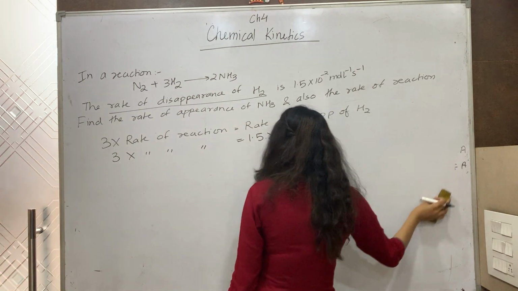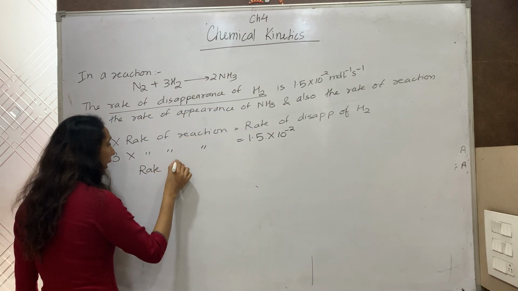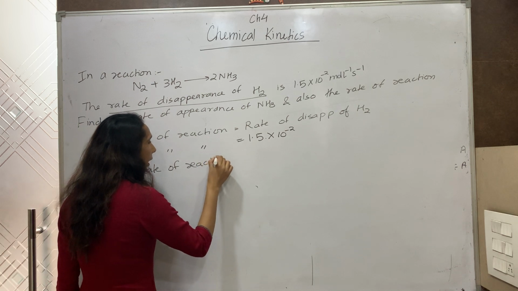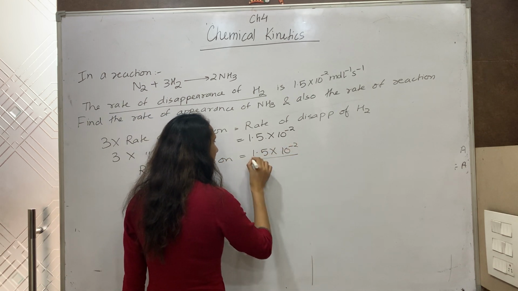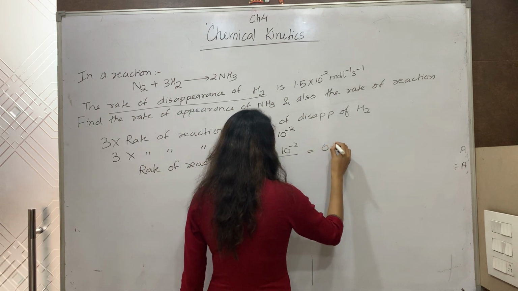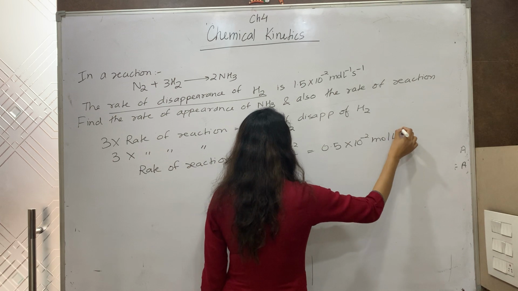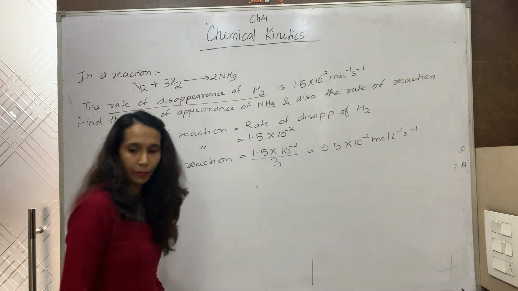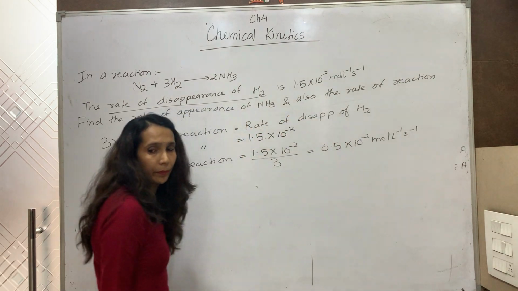So what is the rate of reaction? The rate of reaction for it will be 1.5 into 10 to the power minus 2 divided by 3. That is 0.5 into 10 to the power minus 2 mole per liter per second. The first thing we have calculated, the rate of reaction.